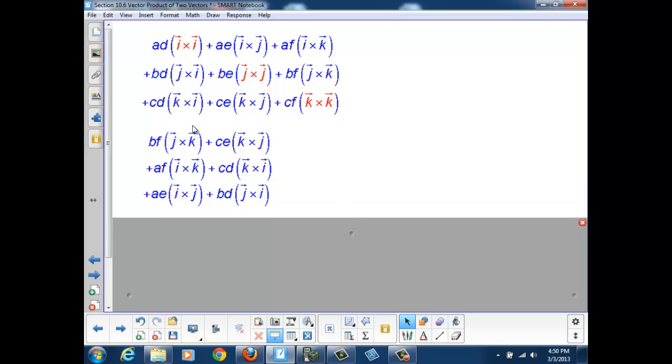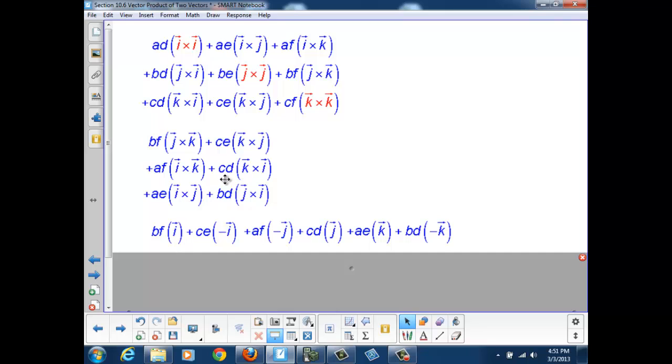Now I've rearranged it a little bit. I've got my J cross K from here, and my K cross J from here in my first row. And then I have my I cross K and my K cross I in the second row. And then I cross J and J cross I in the third row. But I've calculated what each one of these is earlier.